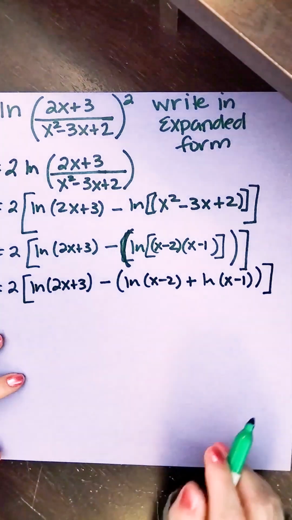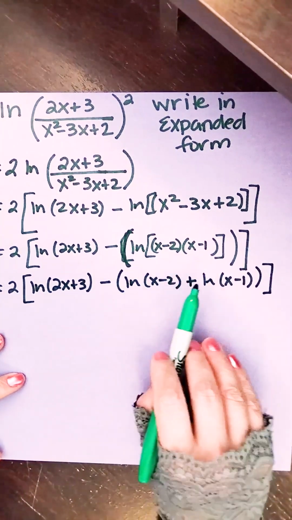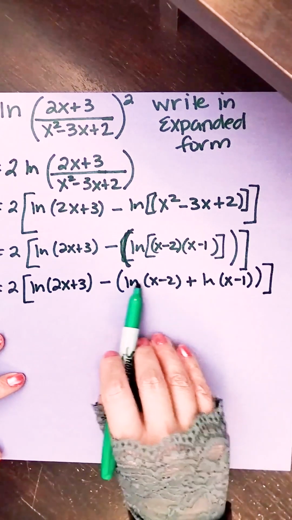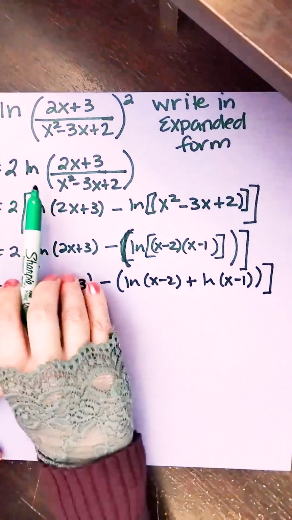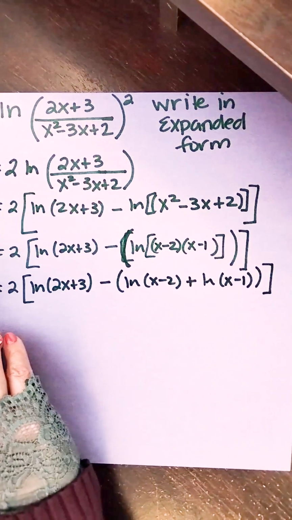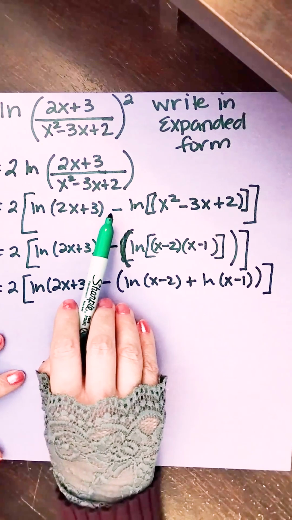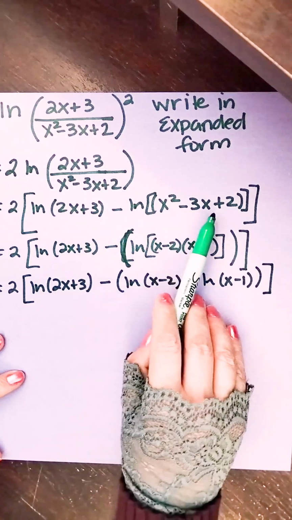Right, because when I'm taking the log of a product, that's equal to the sum of the log of each factor. So like back here, I had the log of a quotient, so I can use the quotient property of log. So that's equal to the difference of the log of the numerator and the log of the denominator.